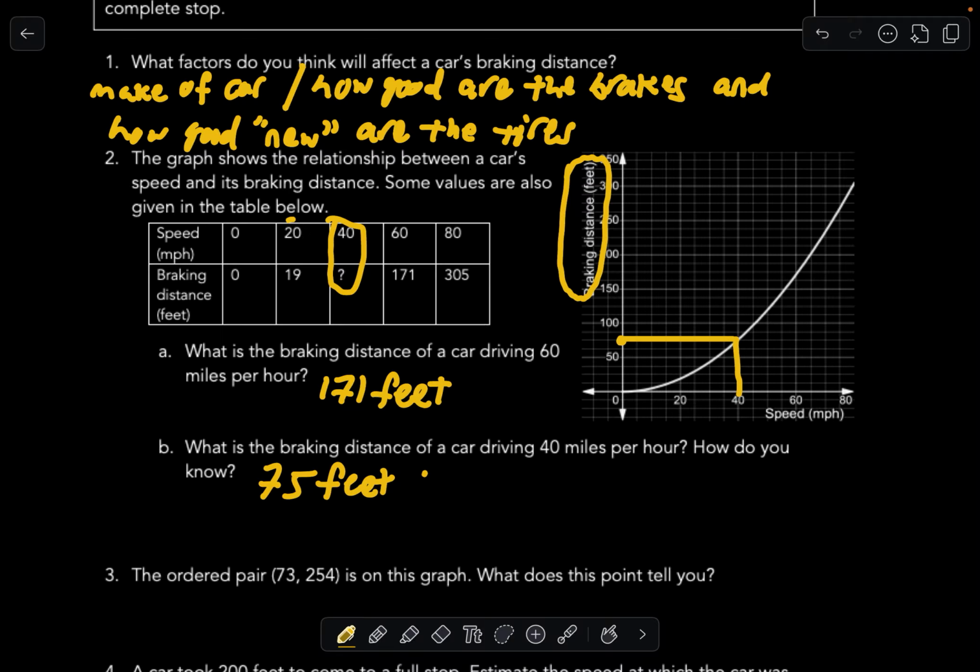How do you know? Because the graph gives, the graph is another way of representing a function.